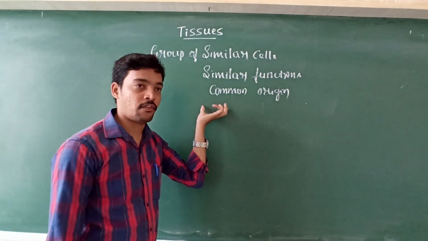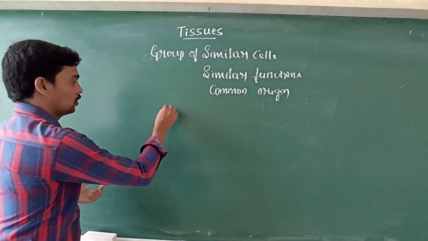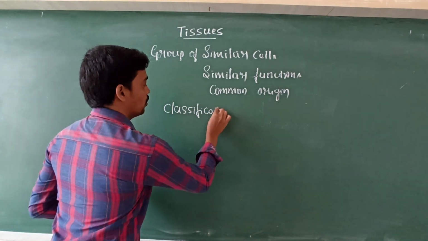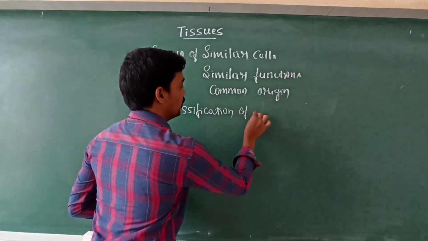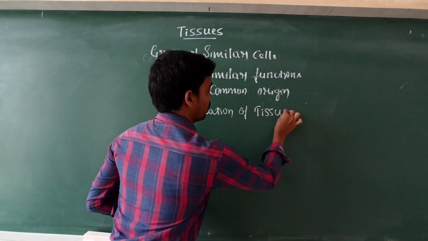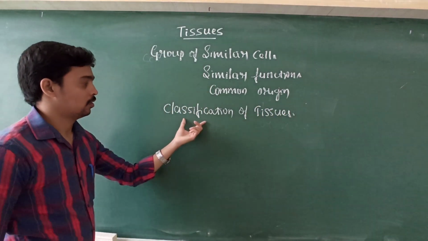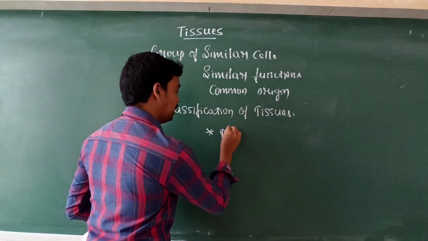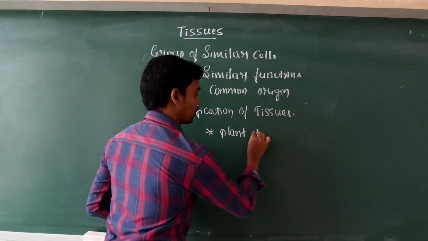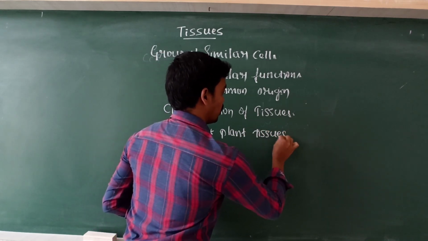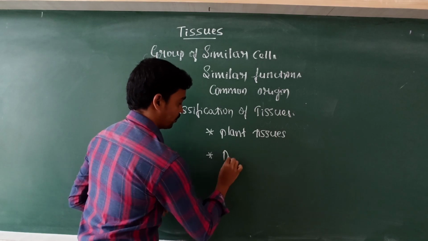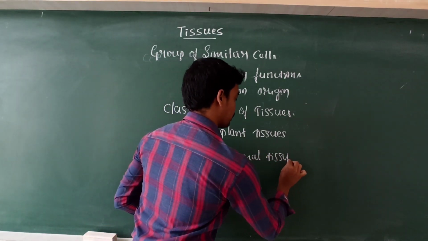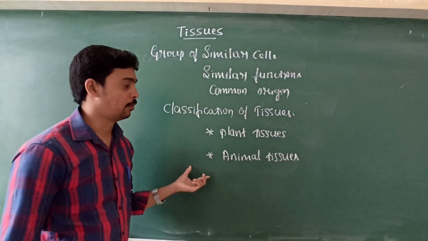Then how do you classify a tissue? The classification of tissue: first, it is classified into plant tissues and animal tissues.